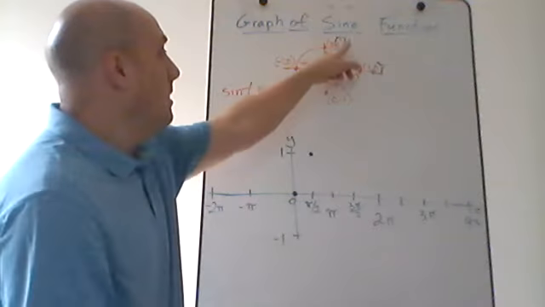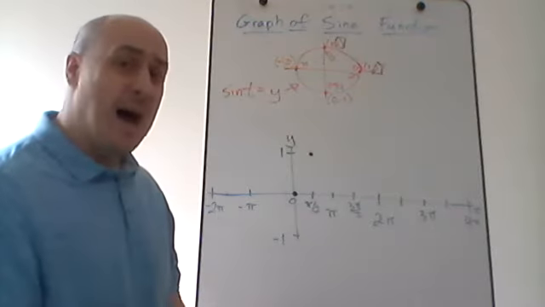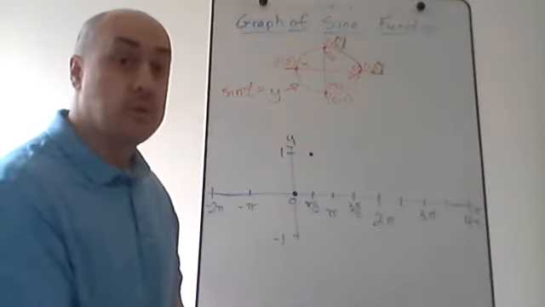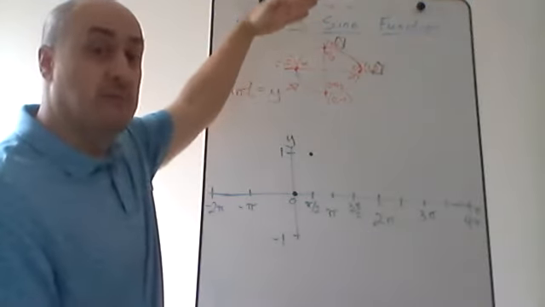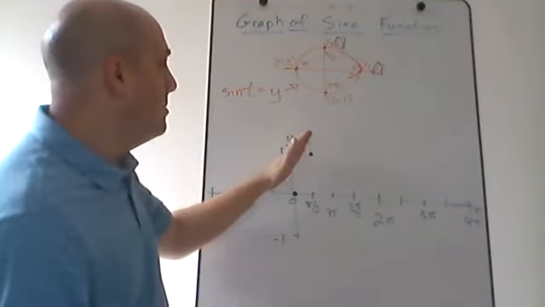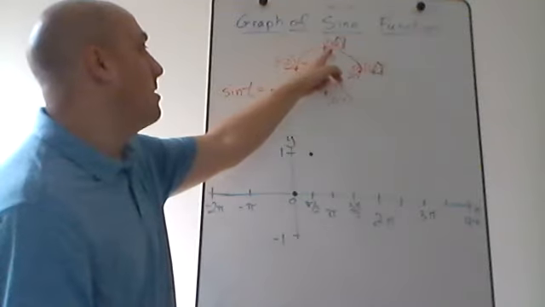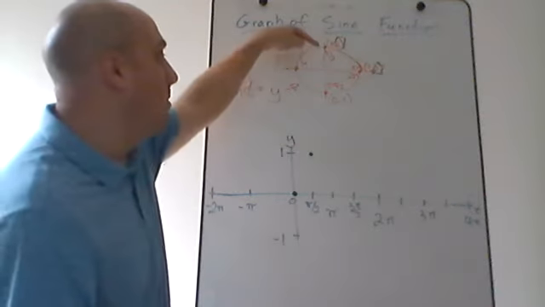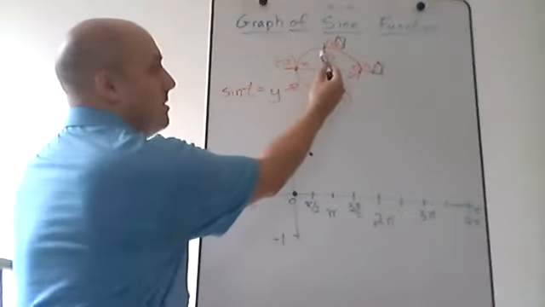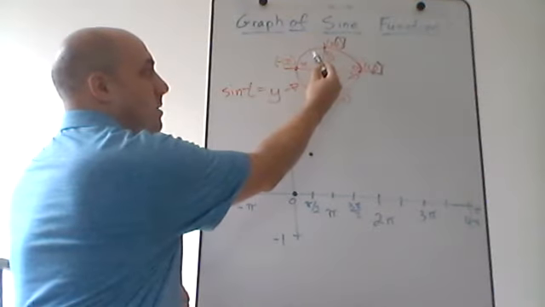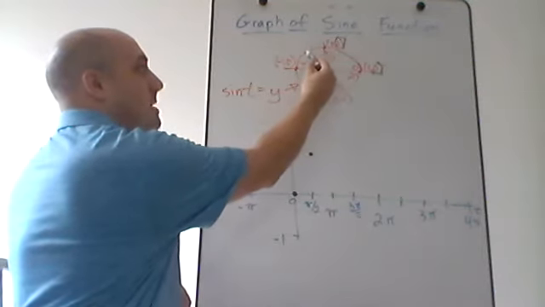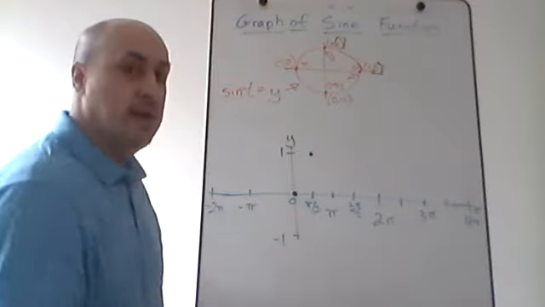Now 1 is the highest y-coordinate I have on the unit circle. The unit circle doesn't go above y equals 1, so my graph is not going to continue increasing. After it goes past pi over 2, as it goes from pi over 2 to pi through the second quadrant, notice that my y-coordinates are decreasing. I'm coming downward as I go back towards the x-axis.